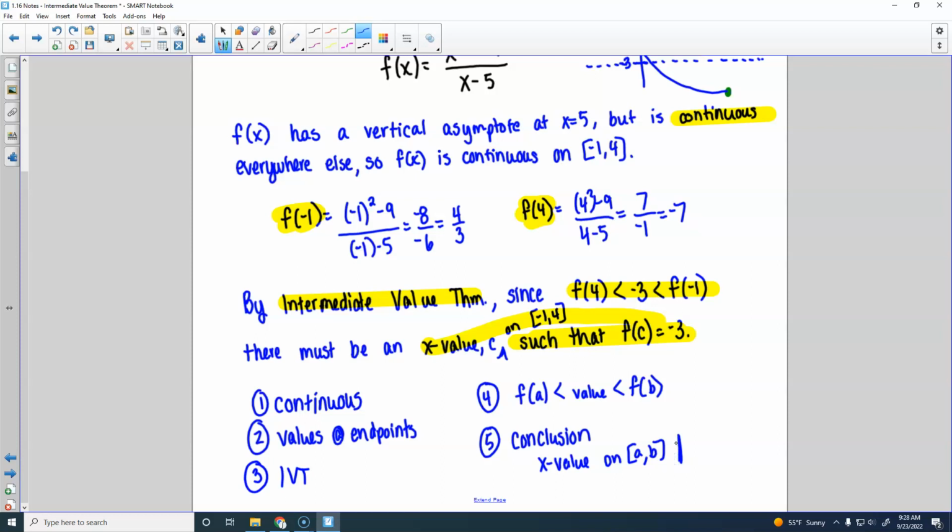This line right here, just draw a long vertical line, means such that. That's mathematical. So if you want to do that, you can. f of c equals value. So those are the things we need for the intermediate value theorem. If you're missing any of those pieces, then it's not going to be complete.